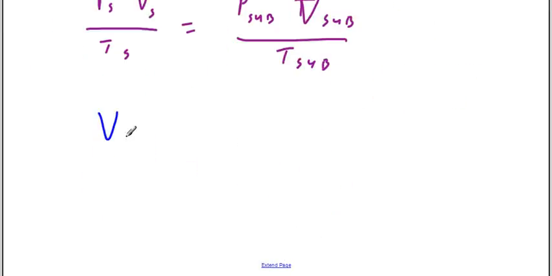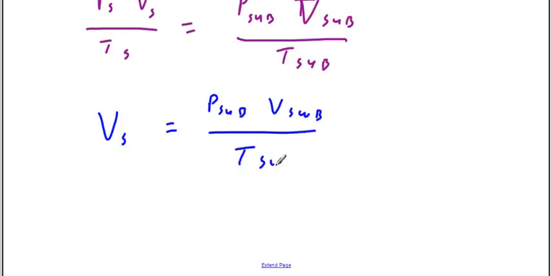Volume on the surface is going to equal pressure submerged, volume submerged, temperature submerged, times temperature on the surface divided by pressure on the surface. Okay. The only thing we really don't know is the pressure submerged, so we'll have to get that.